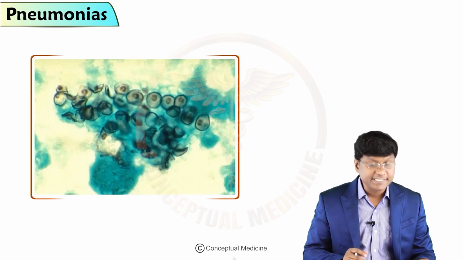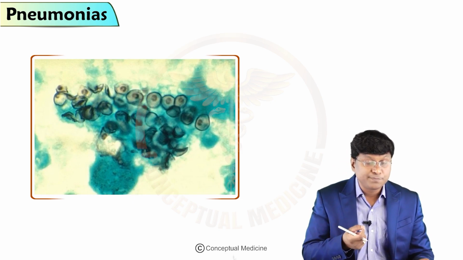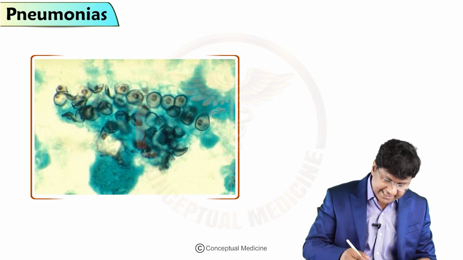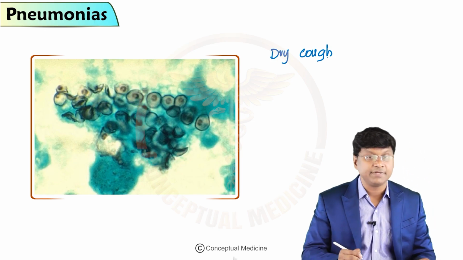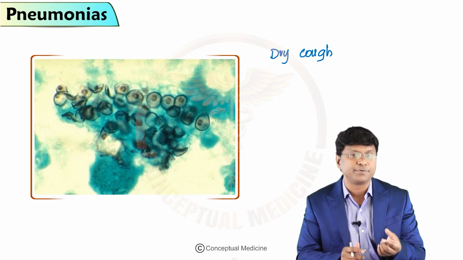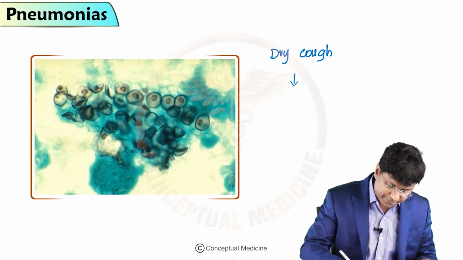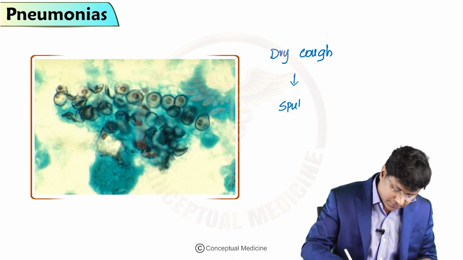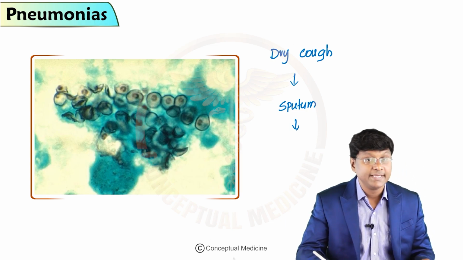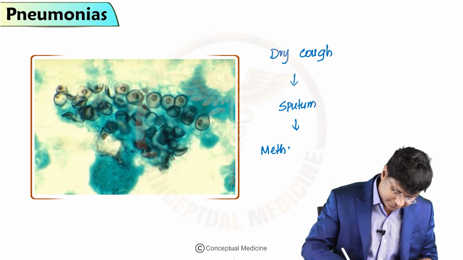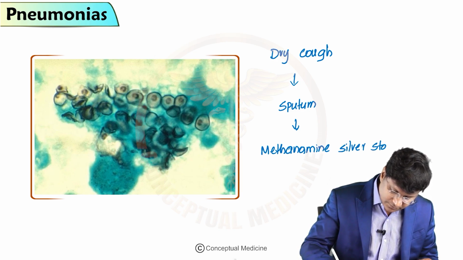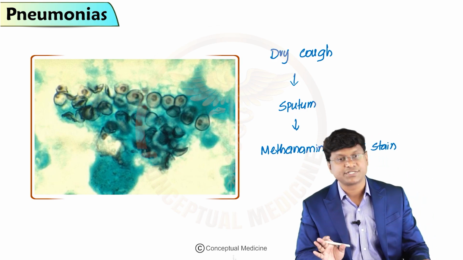If you take the sputum examination, the sputum has to be induced because the individual is having a dry cough. So sputum examination is done by inducing sputum production, and to that sputum you have to apply methenamine silver stain.